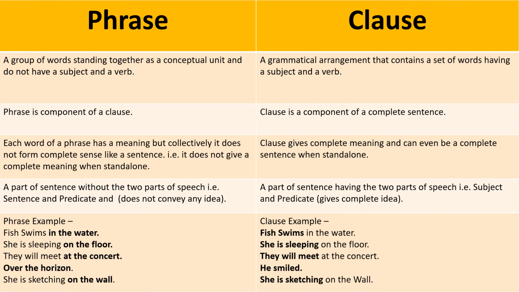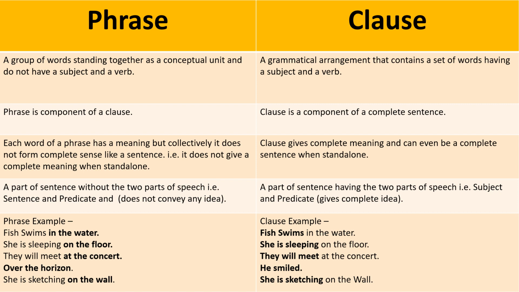Okay, so I hope that through this comparison, you will be able to differentiate between a phrase and a clause. So let us discuss them one by one. A phrase, as I told you earlier, is a group of words standing together as a conceptual unit, and they do not have a subject or verb relationship.